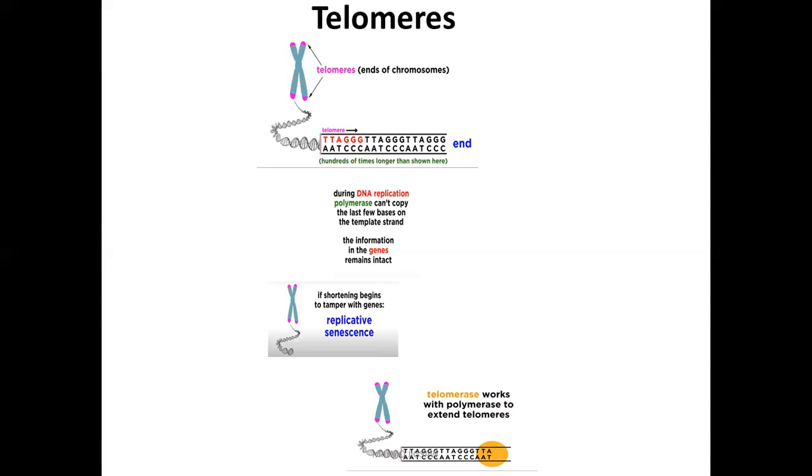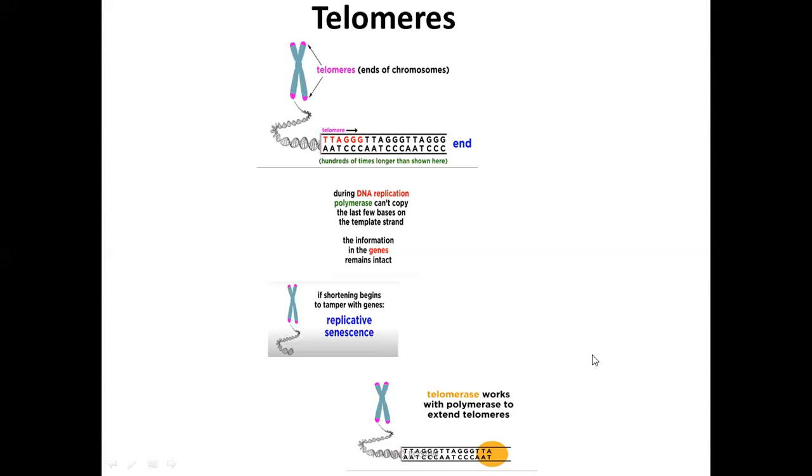And then we have what is known as the telomerase. So the telomerase activity, which is simply the ability to extend telomeres, is present in germline cells and also in certain hematopoietic cells.